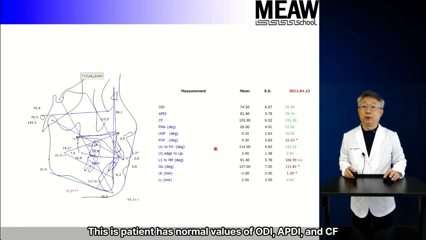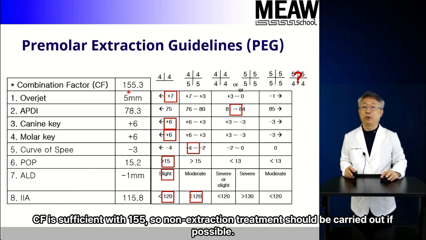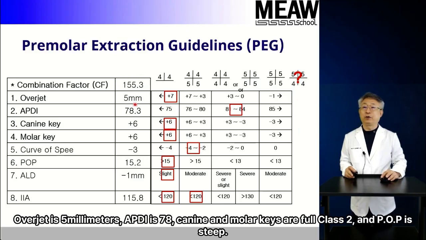This patient has normal values of ODI, APDI, and CF. CF is sufficient with 155, so non-extraction treatment should be carried out if possible. Overjet is 5 millimeters, APDI is 78, canine and molar keys are full class 2, and POP is steep.